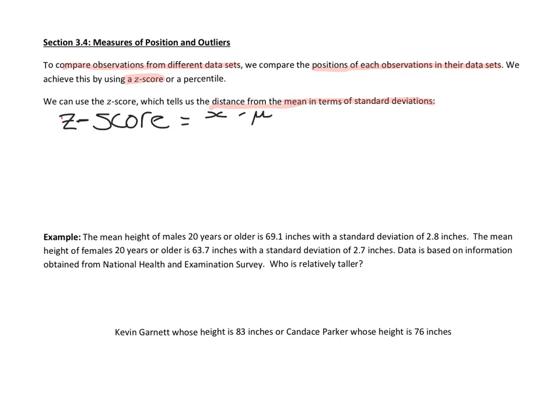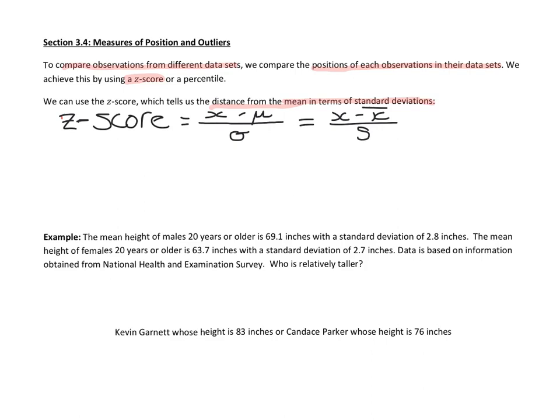We'll use population. And in terms of standard deviations, we want to know how many standard deviations that is from the mean, so we divide by the standard deviation. This was for our population. If we had a sample, then we would use our sample notation: x bar for the mean, and s for the standard deviation.